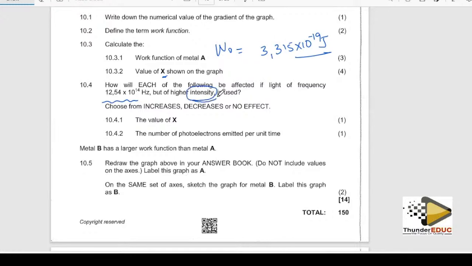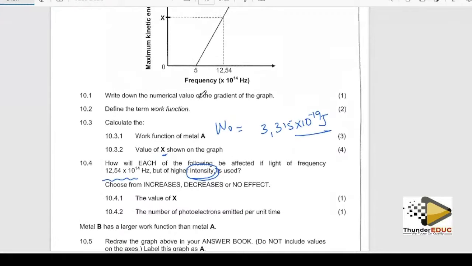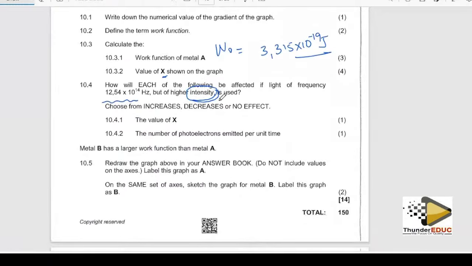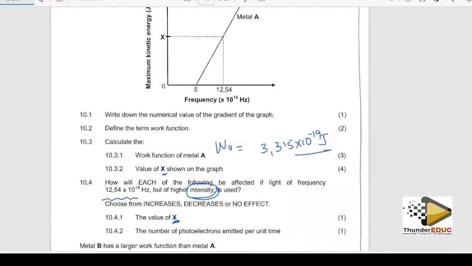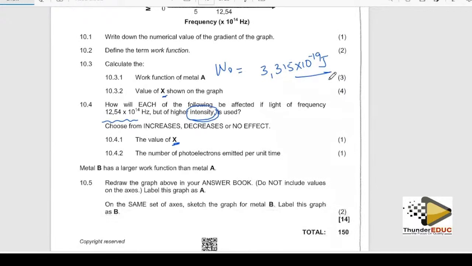So we're using the same frequency of light, but the intensity is the one that changes. How will this have an effect on the value of the kinetic energy? Now, one thing we need to know is that among the factors that influence kinetic energy, intensity is not one of them. So in this case, it's just going to be the same.